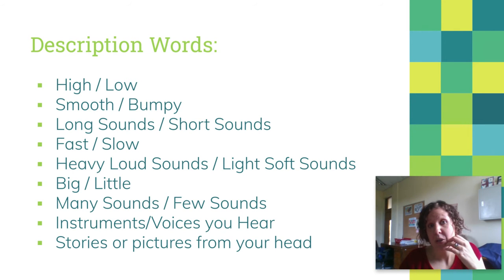You might also say, it reminds me of this little rabbit that's jumping around and trying to find its home. I don't know. If you hear a story, you could write that down. That's a good way to describe music as well. So any sort of words that come to you that help you describe the music that you hear, that goes at the very bottom of the card.